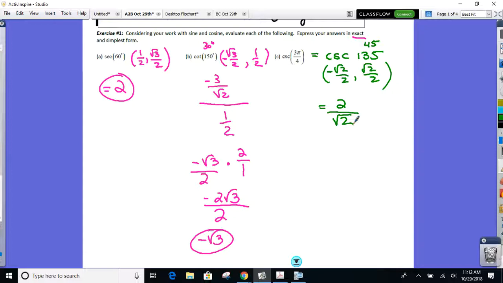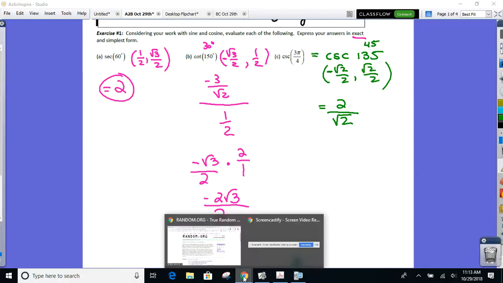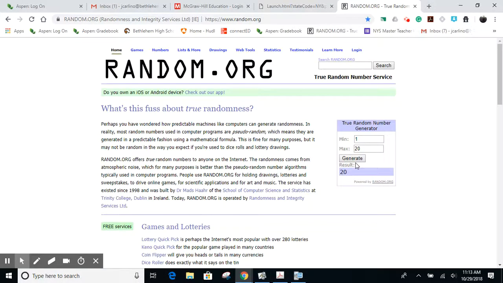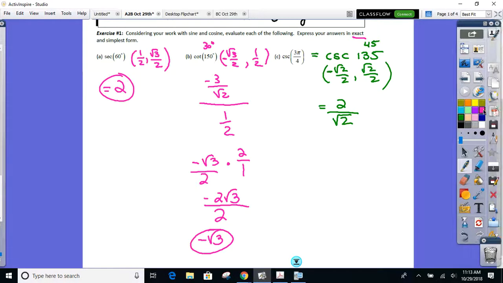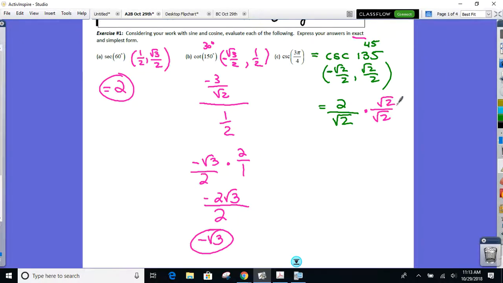Flip the y coordinate. What are you all saying to yourself right now? Have some self-respect, right? Get that radical out of there. How do I get it out of there? And the top, yep. Give a little love to the top.